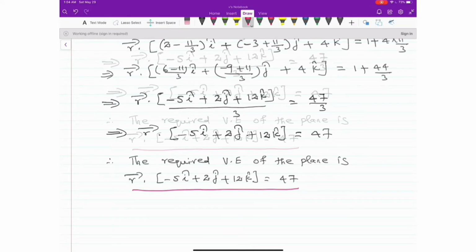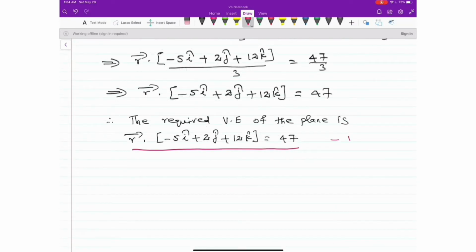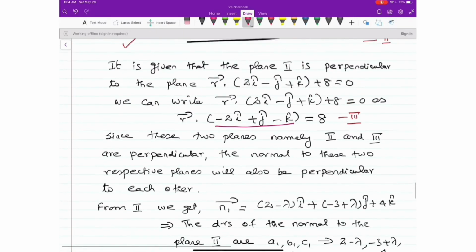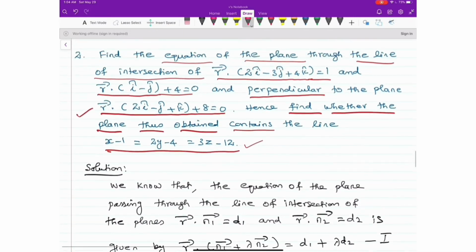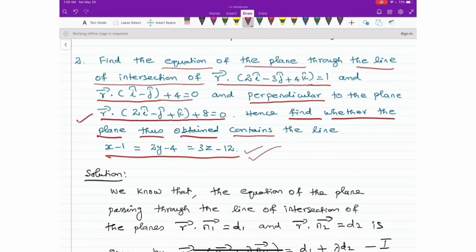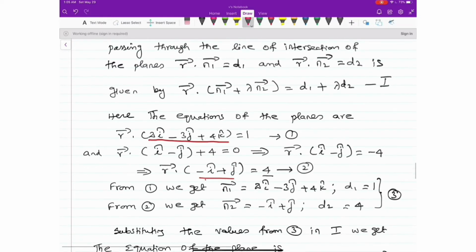Okay. Let me name the equation of this plane as 4. The second part of the question is, we have to prove that this plane 4 contains the line (x minus 1) is equal to (2y minus 4) is equal to (3z minus 12). That is the second part of the question.